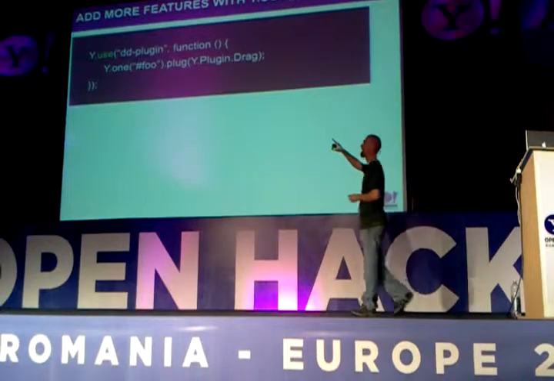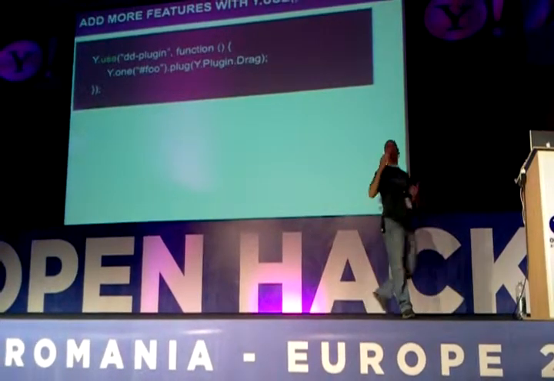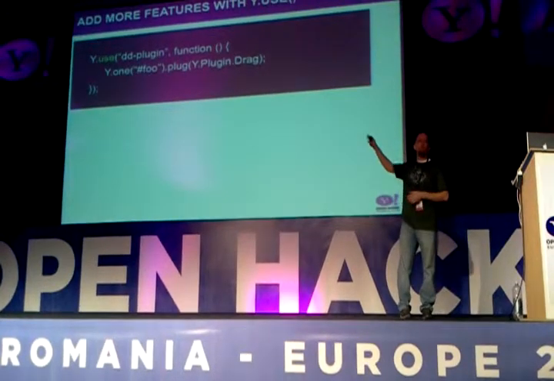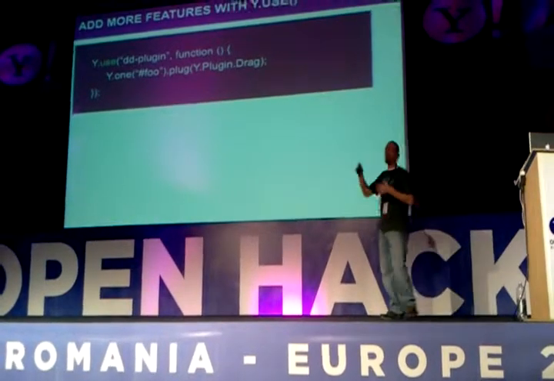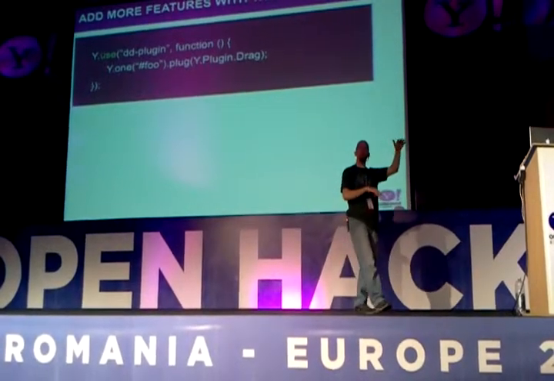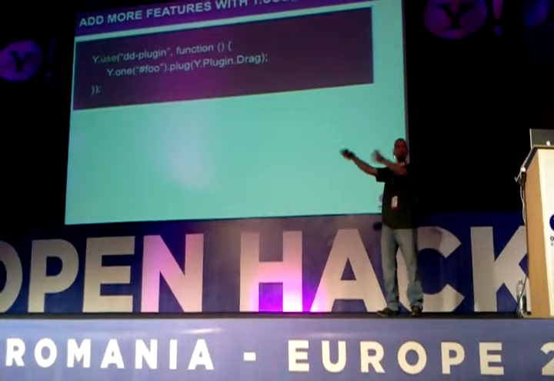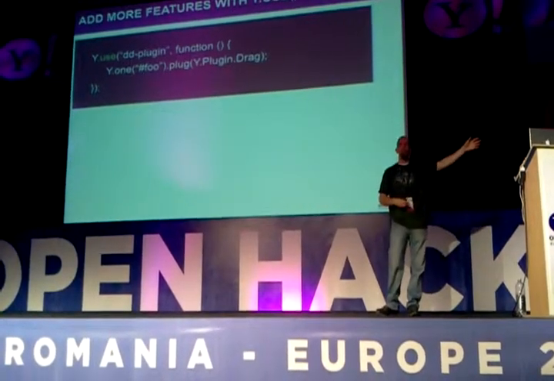So the use method is incredibly powerful. What it does is it takes any number of names of modules, and these modules then correspond to a script tag that contain some API data, but we're not going to stop with just saying, okay, this name means go and fetch the script tag.